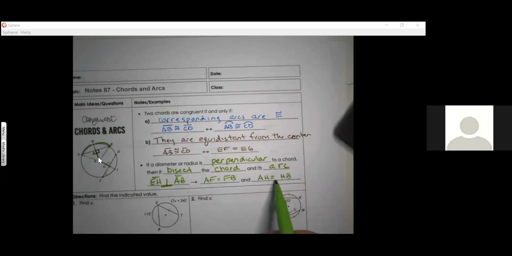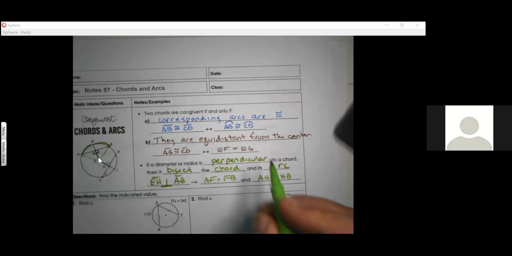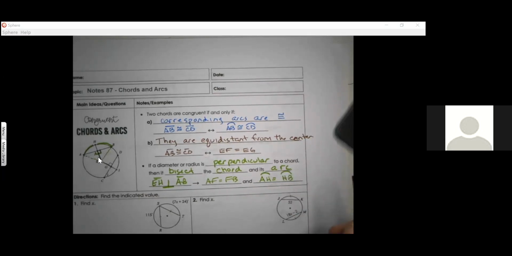Now, I want to talk a little bit about notation here. What's unclear about what I've written here? Is this a segment or is this an arc? Well, I was talking about the arc, not the segment connecting, not the chord. So I need to add on the arc symbol on top.